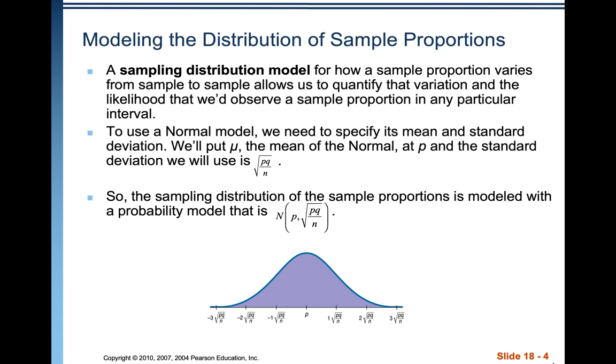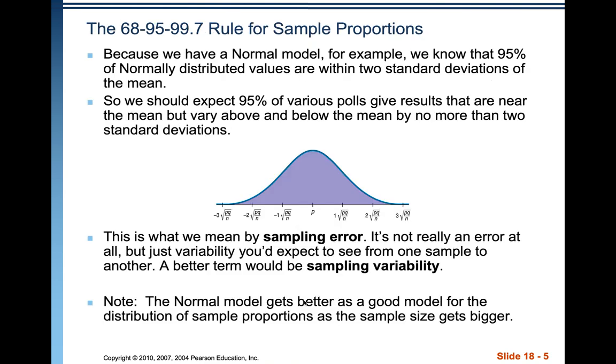All right, so here we have a picture. We've got the mean of P in the middle, and then we go out 1 standard deviation from either side, 2 standard deviations from either side, 3 standard deviations on both sides of P. This should bring back memories of the empirical rule.